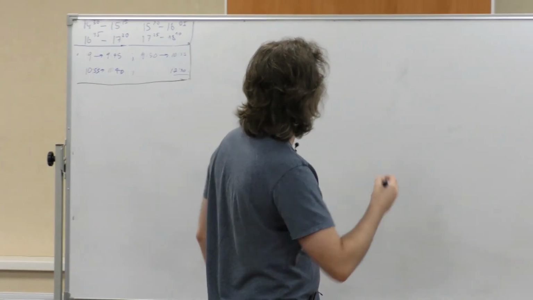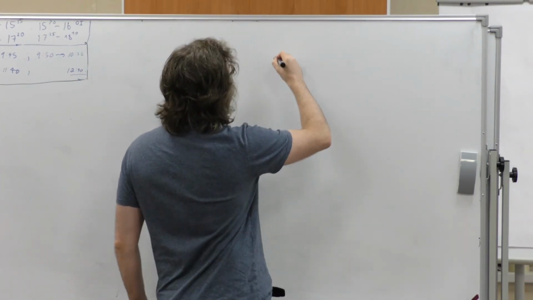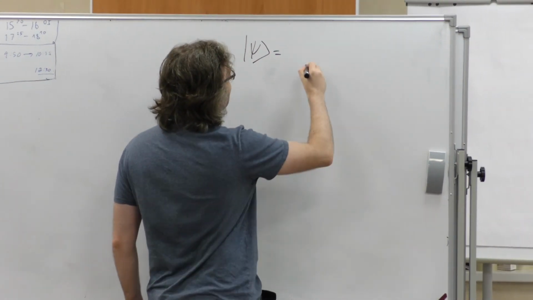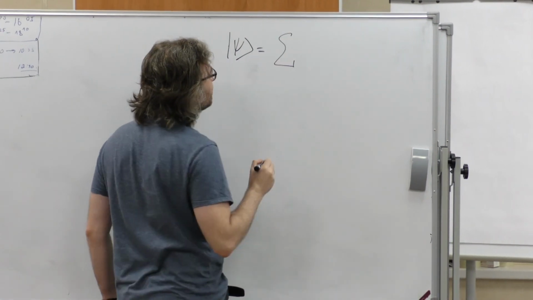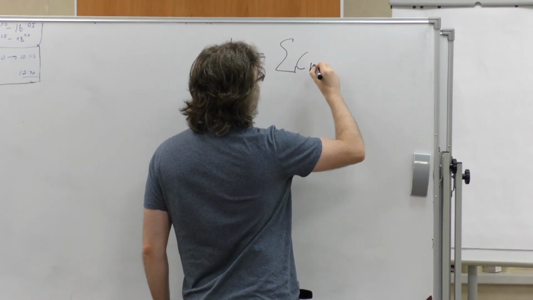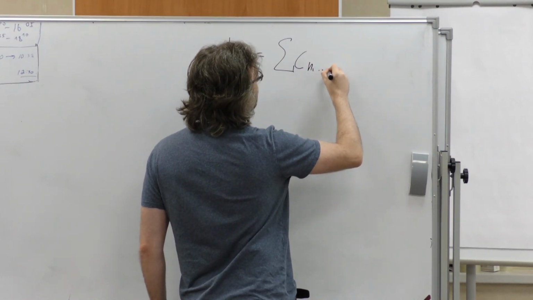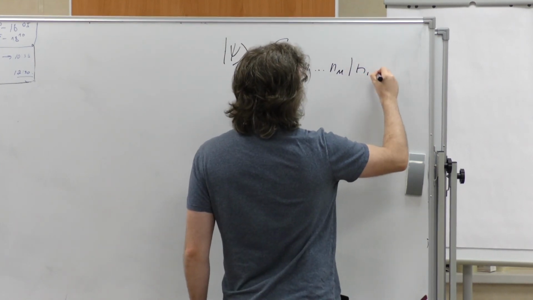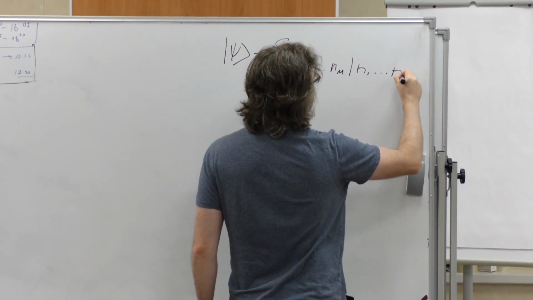So let's look at a wave function again. Okay, so I can take any wave function and write it as a sum over some set of coefficients that look like this: n1 to nm.